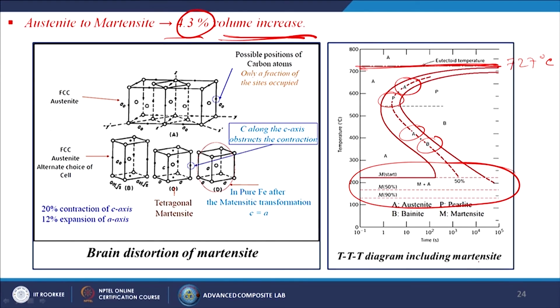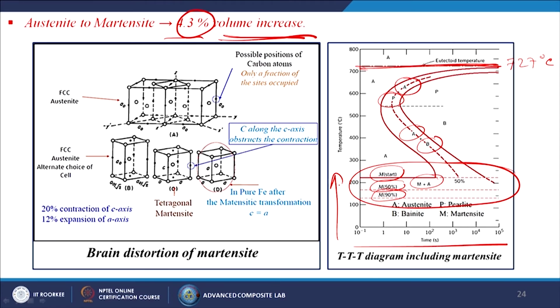So, at about 200 degree centigrade the martensite starts, below that the martensite is 50%, and just above 100 or maybe 120 degree, martensite is 90% present, and this zone is martensite plus austenite. So, this is totally time dependent and temperature dependent.